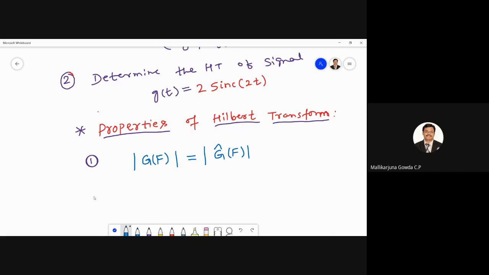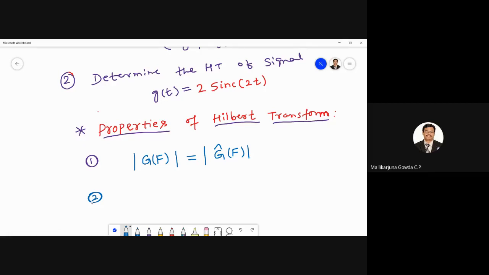The second property is: if g cap of t is the Hilbert transform of g of t, then if I take the Hilbert transform once again, there will be a sign reversal.